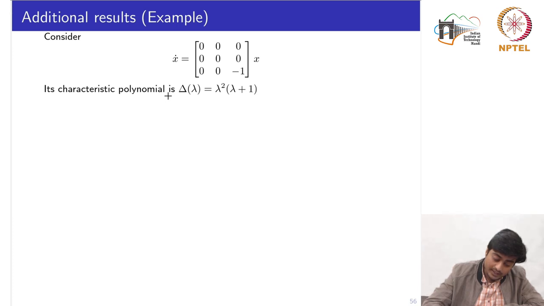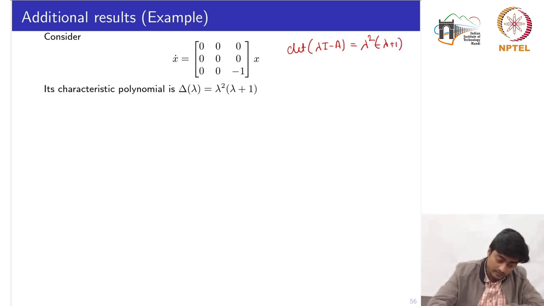If you compute the characteristic polynomial, which is given by the determinant of lambda I minus A, it is given by lambda square, lambda plus 1.